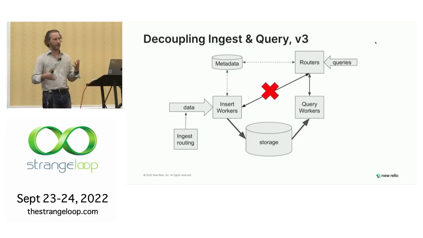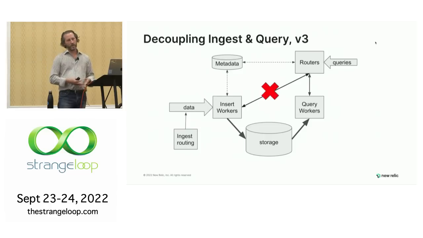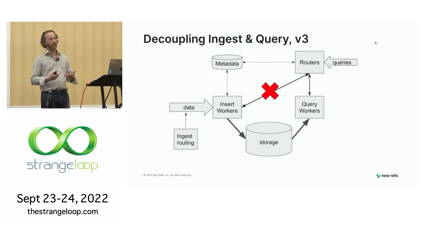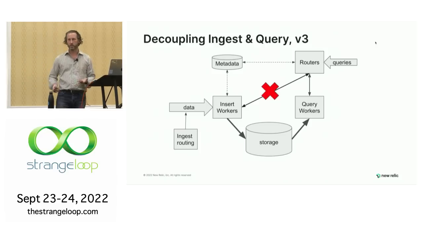And that's been kind of a distasteful part of the architecture for a while. So at the moment, we're working on a new version of our storage tier that can handle the live edge data, so we can actually push that problem into the storage layer and totally decouple ingest and query once and for all.